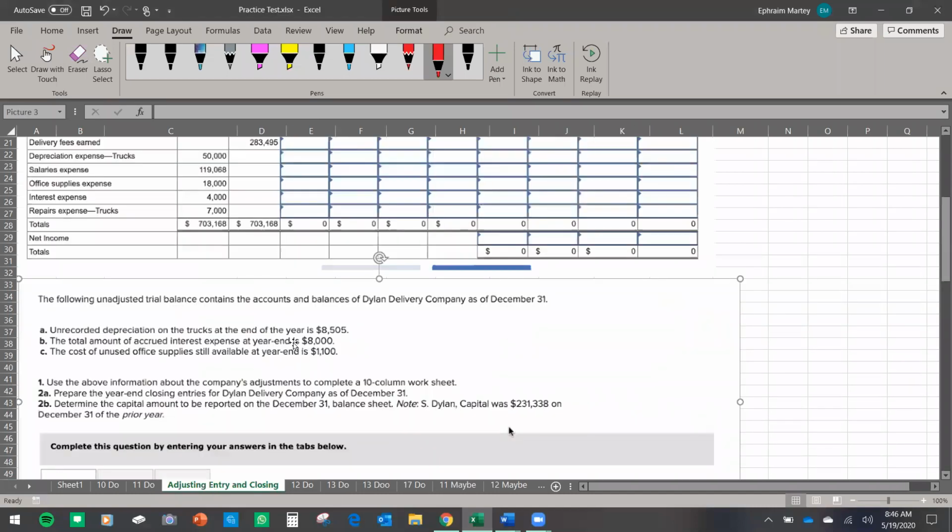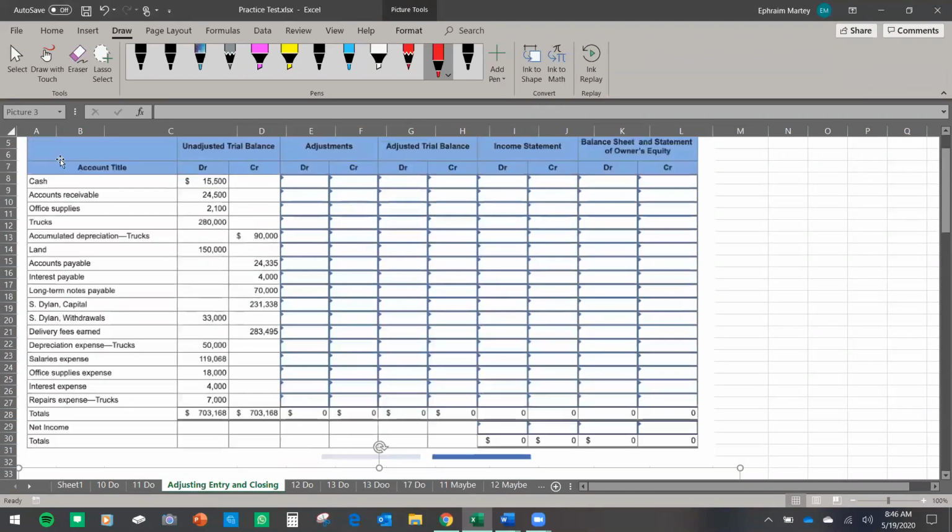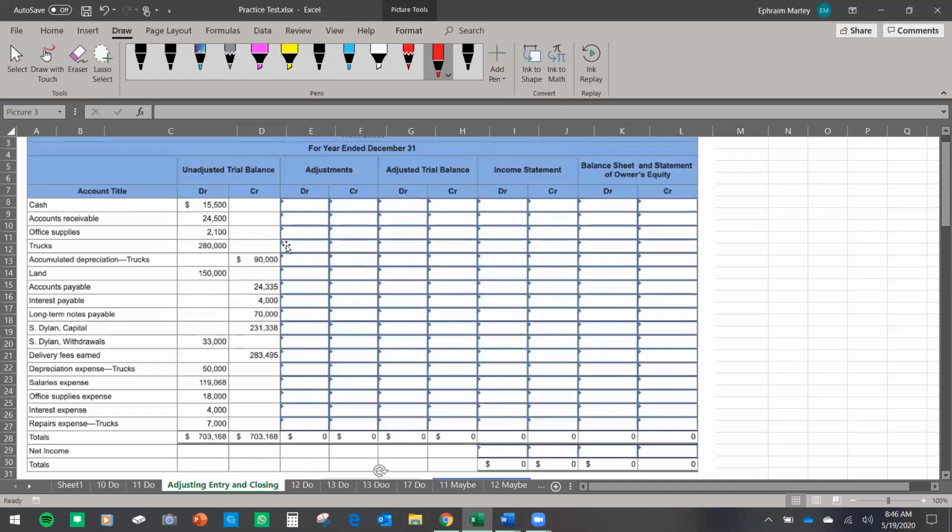With our next one, we have a pretty long problem here. Here we have what we call the trial balance, with everything as it was. You always begin with the unadjusted trial balance and you make adjustments.